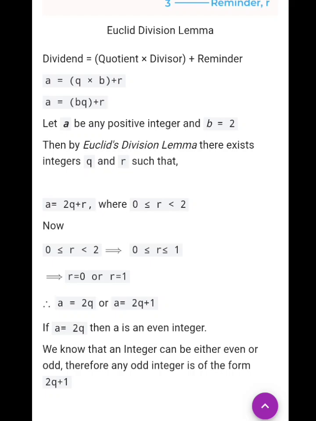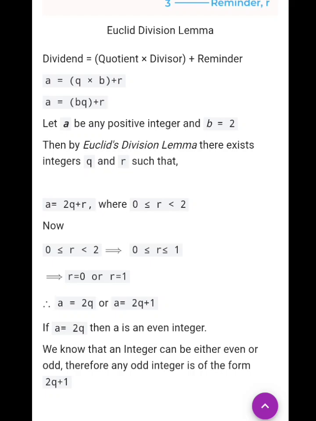Once again I repeat, Euclid's division lemma gives a relation between quotient, divisor, dividend and remainder. The relation is a is equal to bq plus r, where b is the divisor, q is the quotient, a is the dividend, and r is the remainder. The remainder is always less than the divisor and greater than or equal to 0.